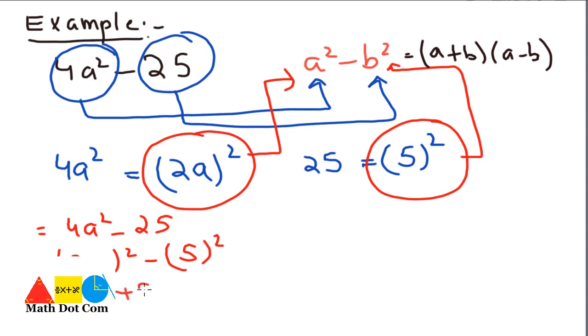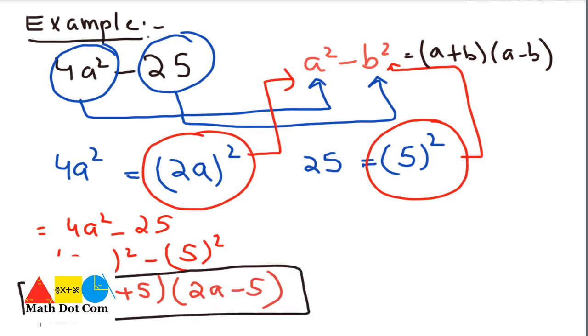So 2a plus 5 and 2a minus 5. This is the answer for the given algebraic expression by applying the identity a square minus b square equals a plus b into a minus b.